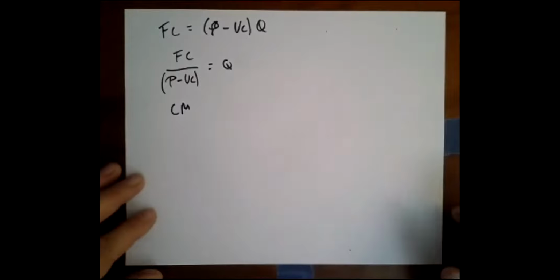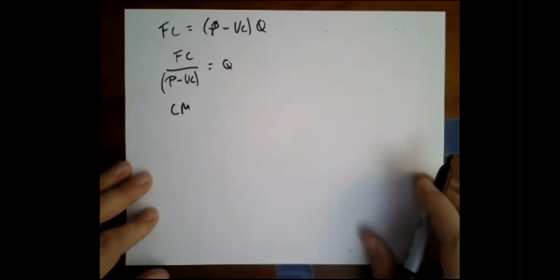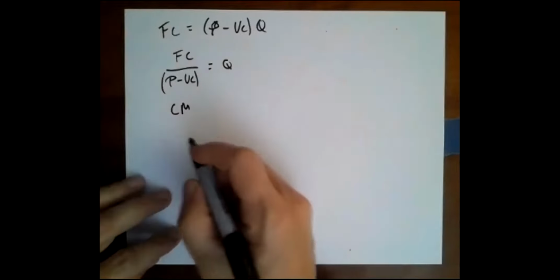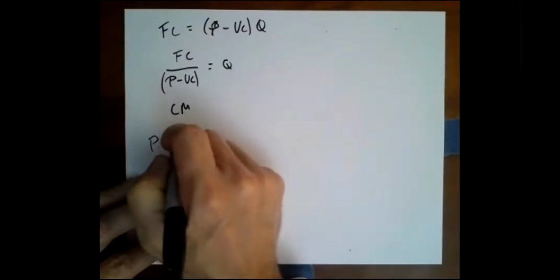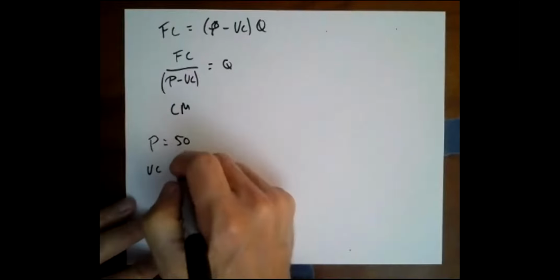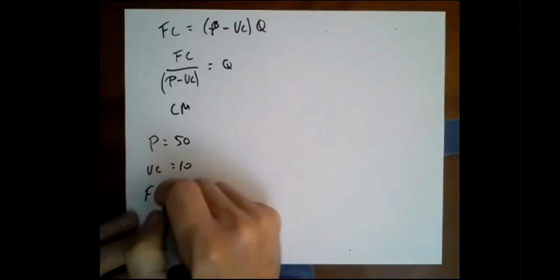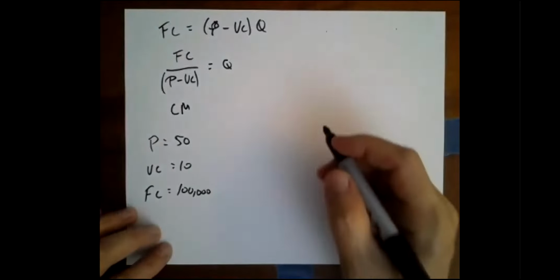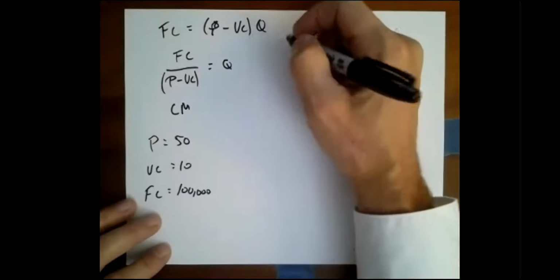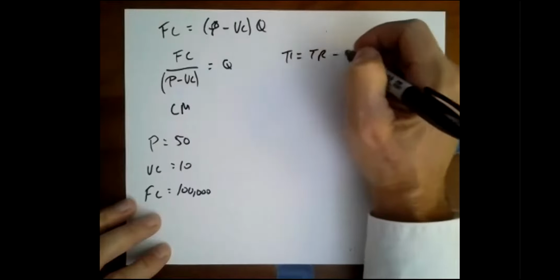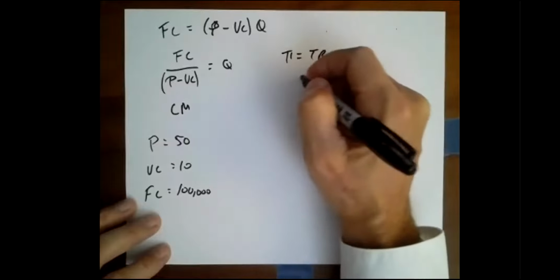So let's talk about our lab example, because that'll probably help make it clearer. We said the price for the lab was 50, the variable cost per unit was 10, and the fixed costs were 100,000. So we're going to set up our profit function. Remember, profit is equal to total revenue minus total cost.